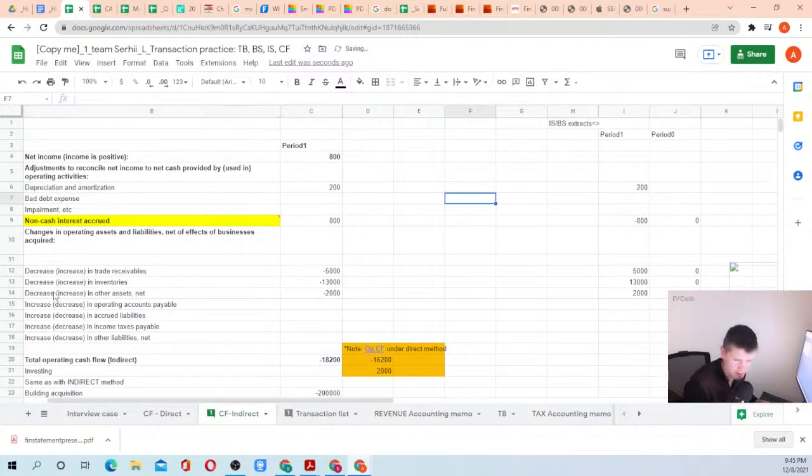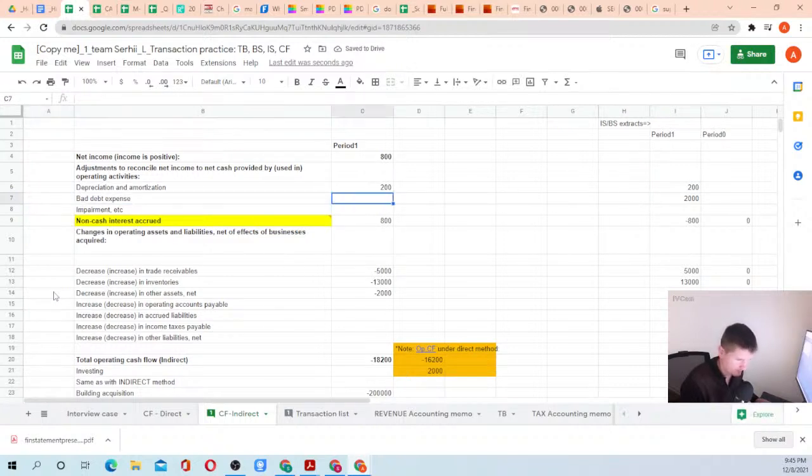Okay, bad debt expense 2000. So we are basically adding that change here.